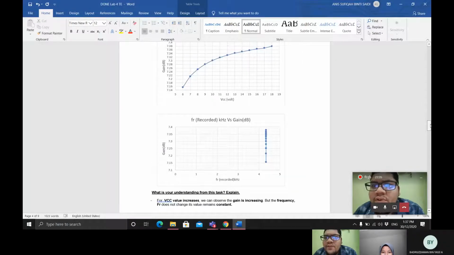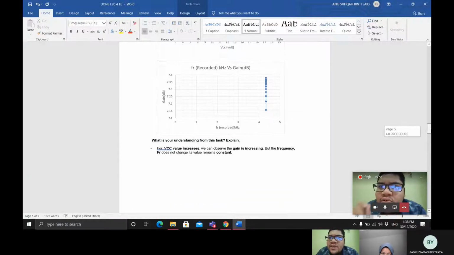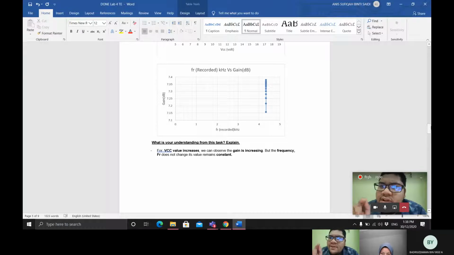Okay, for graph 1, which is part C, the x-axis is VCC and the y-axis is gain, and you can see the graph increases. And the second graph is frequency versus gain, and you can see the graph is a straight line.